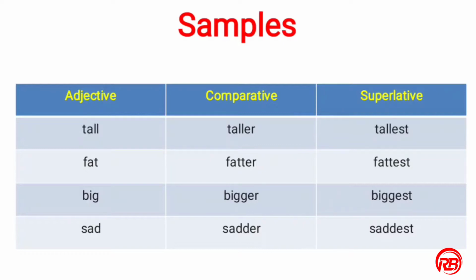Tall, fat, big and sad are positive adjectives. When we convert them into a comparative degree, they become taller, fatter, bigger and sadder. When we convert the positive degree into superlative degree, they become tallest, fattest, biggest and saddest.